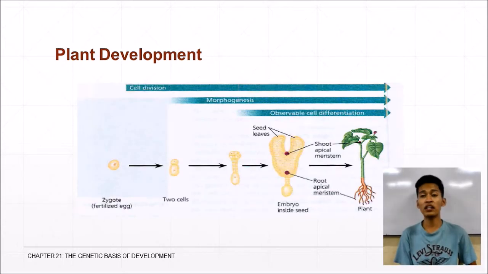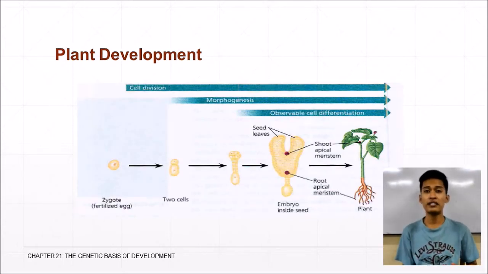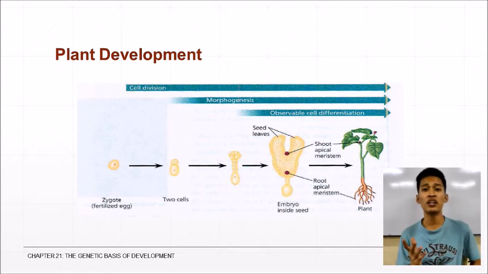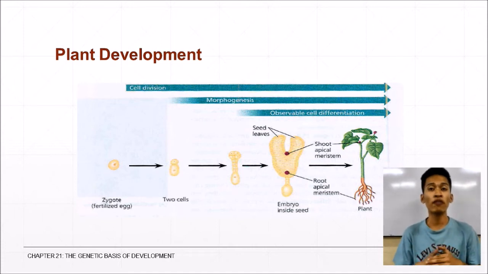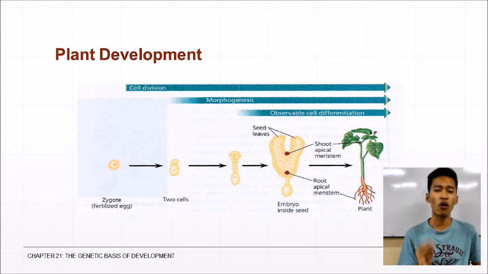In plants, but not in animals, morphogenesis and growth of the overall size is not restricted only to the embryonic level, but rather the growth of the overall size of plants is done throughout their lifetime. It is because plants continually develop new organs from a site of embryonic development called the apical meristem, which is found in the shoot and root tip of every plant.